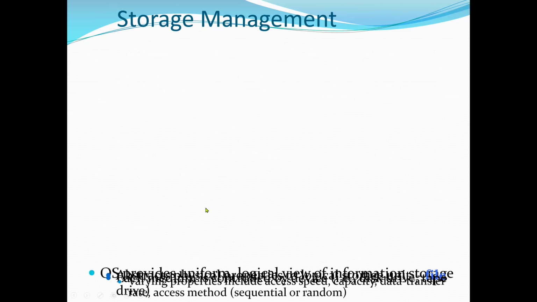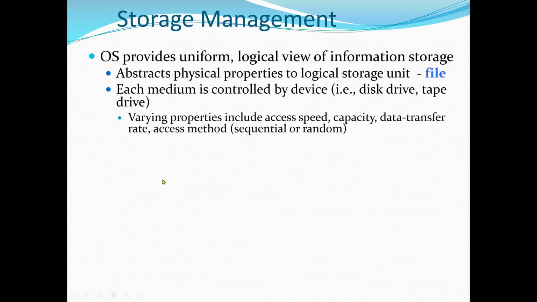And we have the storage management. The operating system also provides a uniform logical view of information storage, abstracting physical properties to a logical storage unit, which is the file. And also each medium is controlled by a device.